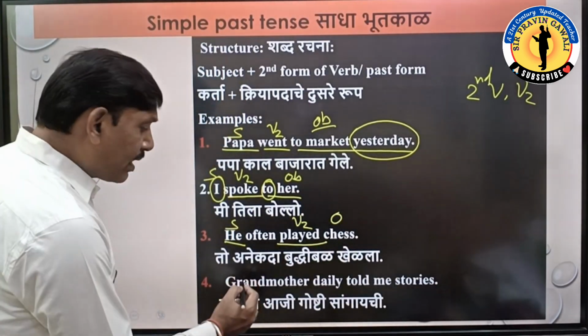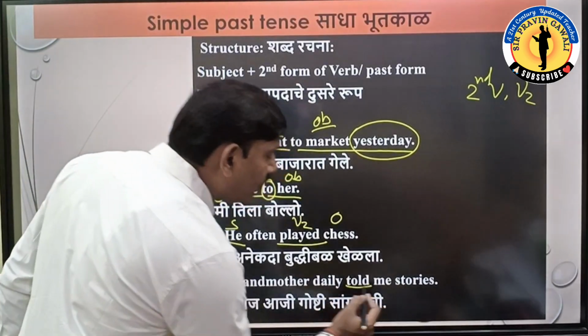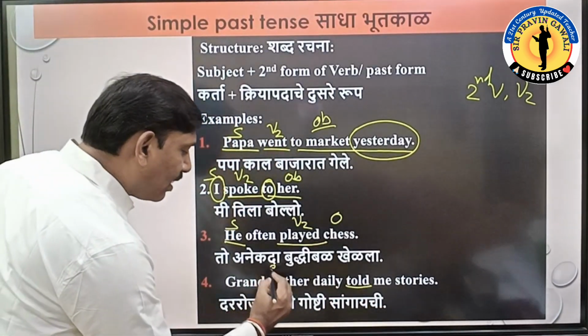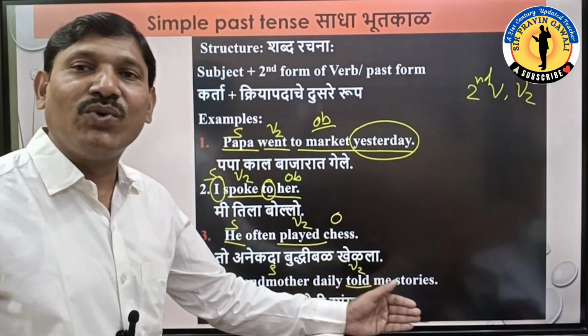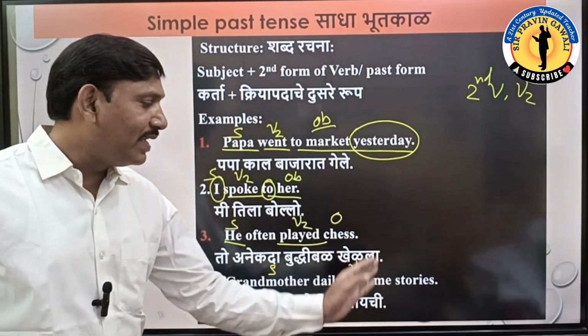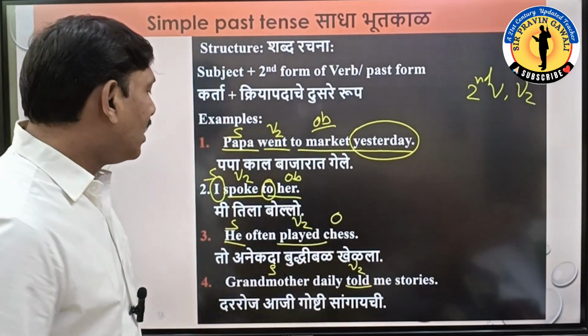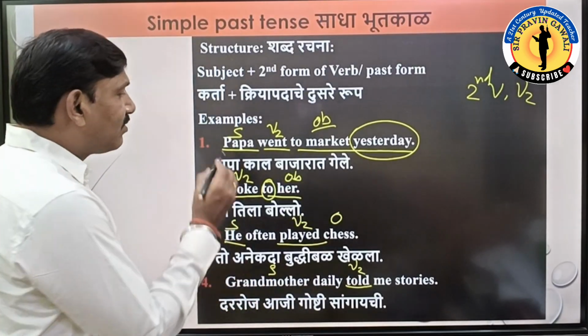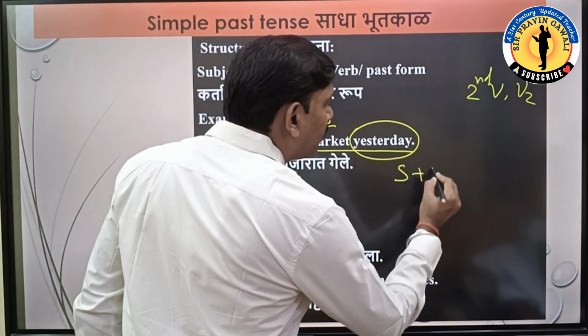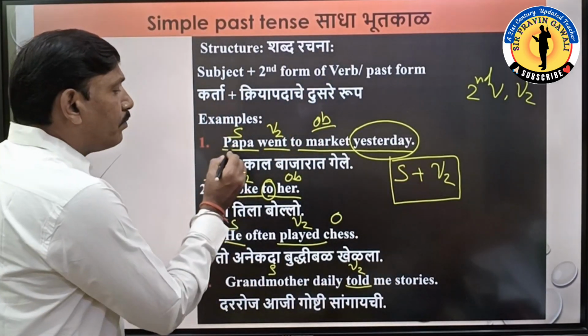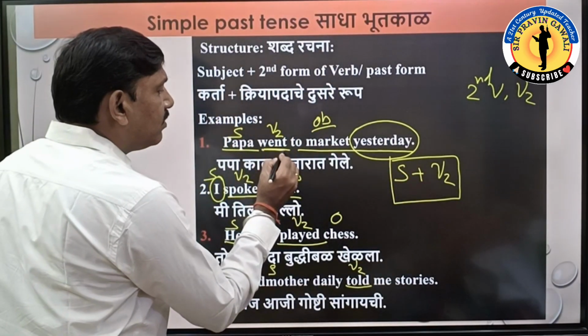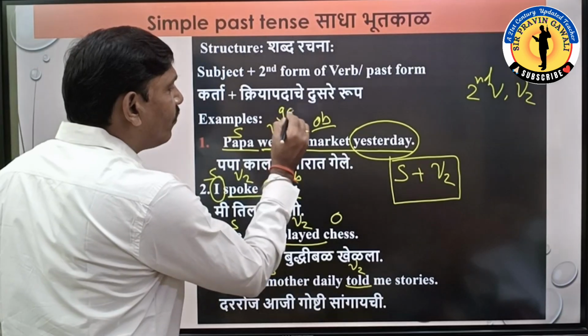Now see again. Grandmother daily told me stories. Grandmother is the subject, told is the second form of the verb. Here both direct object and indirect object are there. Understood, student? The most important thing is the subject and the second form of the verb. For example, Papa went to the market. This went is the second form of go.